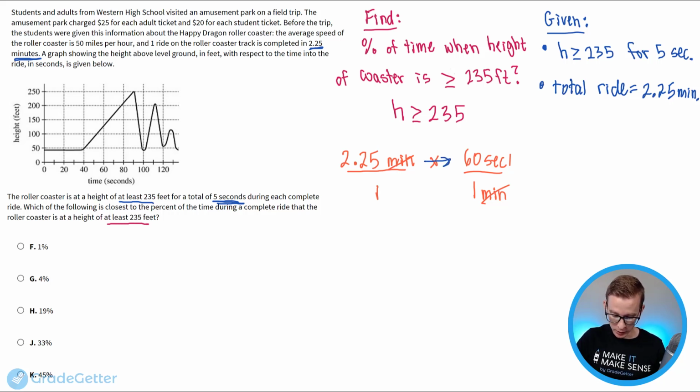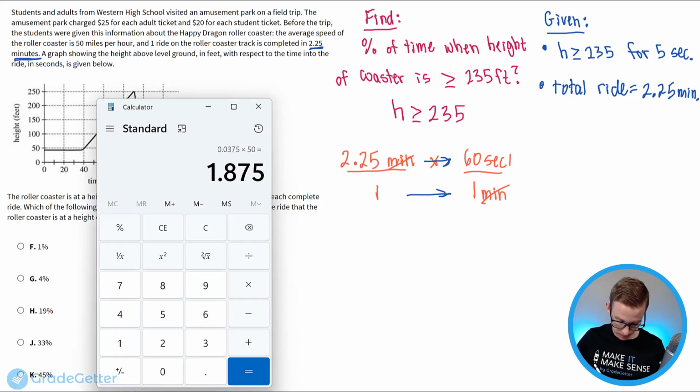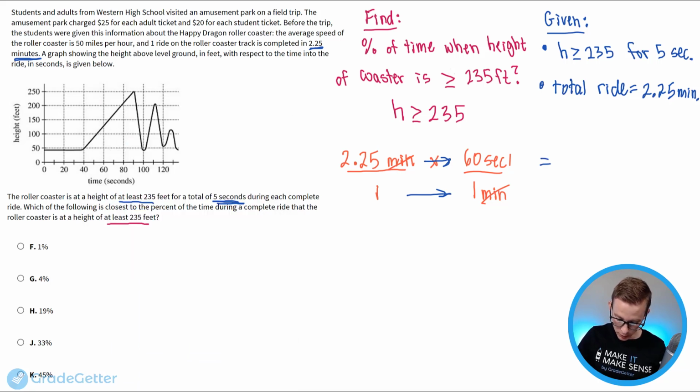Fractions multiply straight across, so 2.25 times 60 over 1 times 1. I'll bring up my calculator again. So 2.25 times 60 gives me 135 seconds. So the total ride is 2.25 minutes or 135 seconds.